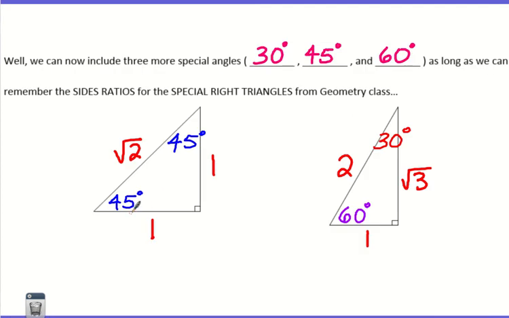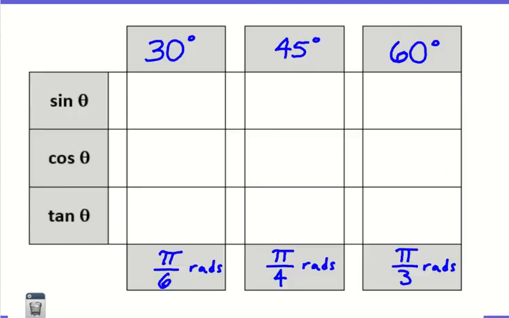But the sine of 30 would be opposite over hypotenuse, for example. So that would be 1/2. The sine of 45 would be opposite over hypotenuse in that other triangle, which I know I don't make you rationalize denominators like I've said 100 times, but I'm still going to say this and mean it.